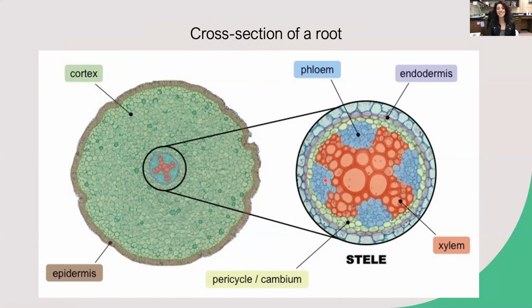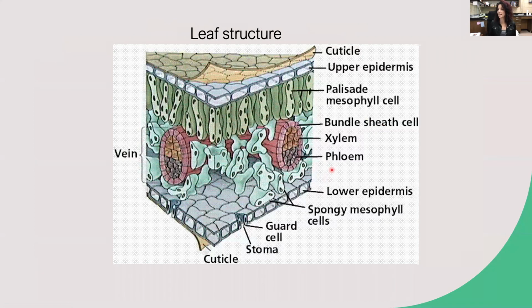And next we have the leaves. So this is a diagram of the leaf structure in our vascular plants. Notice again, we have this cuticle, that waxy coating that coats the outside of the leaf to keep it protected from drying out. We have the upper epidermis just underneath the cuticle. We have these elongated cells called the palisade mesophyll.